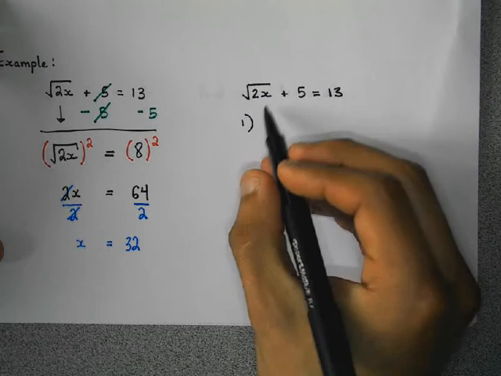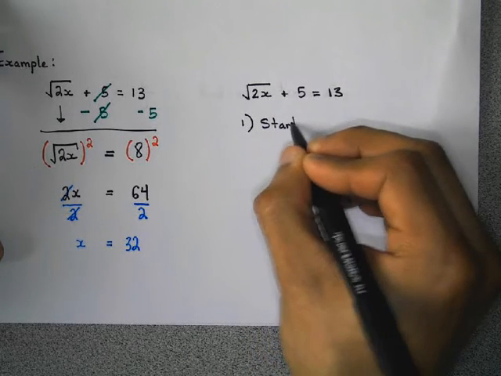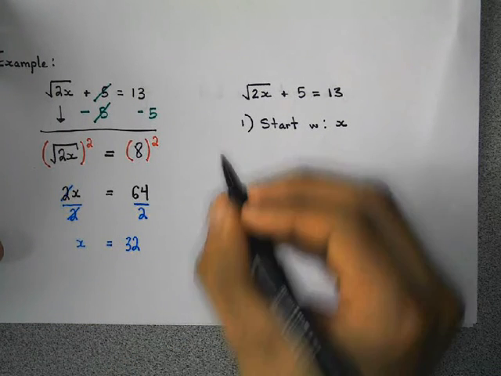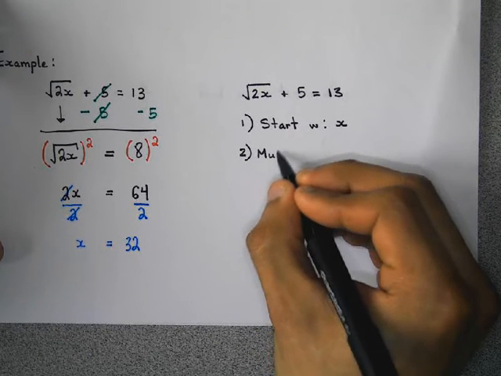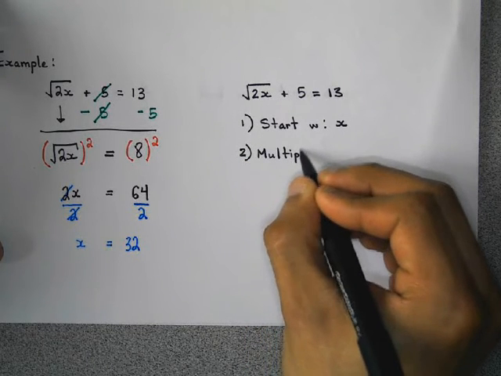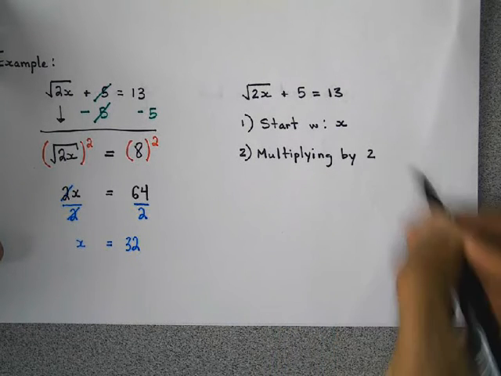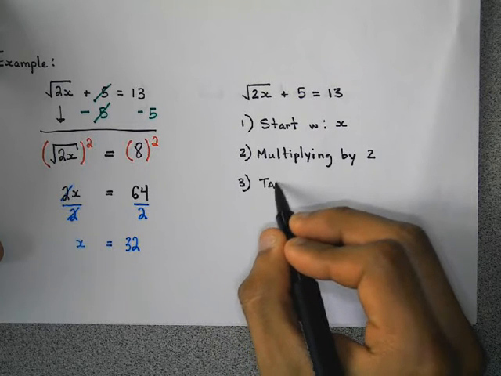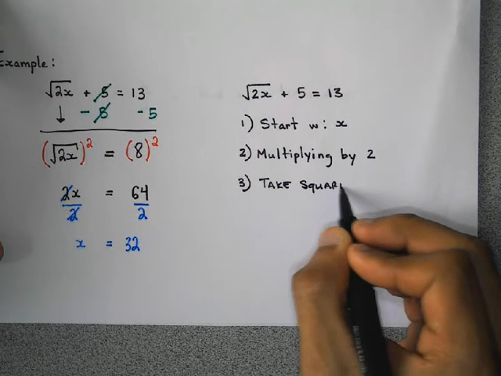So let's ask ourselves, what's being done to x? Remember, we've got to start somewhere, so we're going to start with x. What is being done to x? Well, we're multiplying by 2. And then after we multiply by 2, it looks like we take a square root.